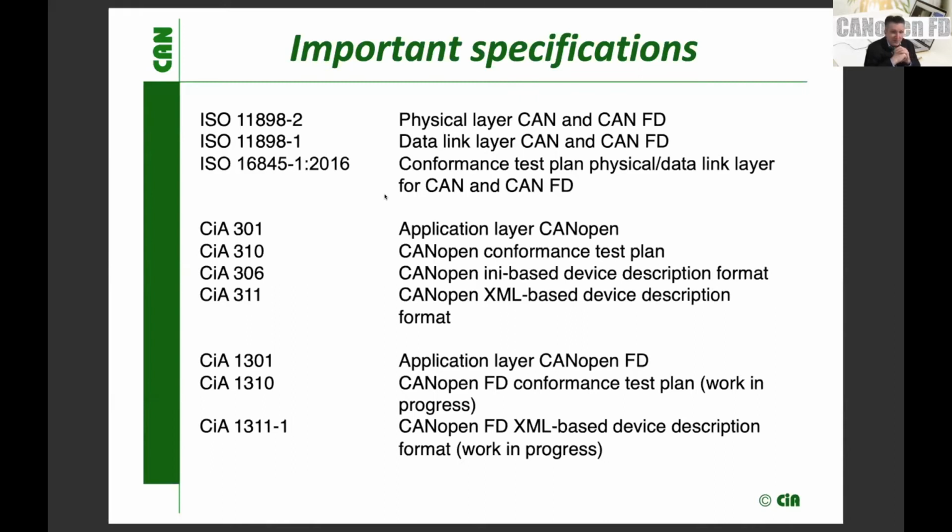And for that, we have specifications already developed for CANopen. There are also device description formats, both INI-based 306 and XML-based 311. So we said for CANopen FD we would like to have only one, standardized and XML-based, and the specification is 1311-1. It is completely designed and is available.